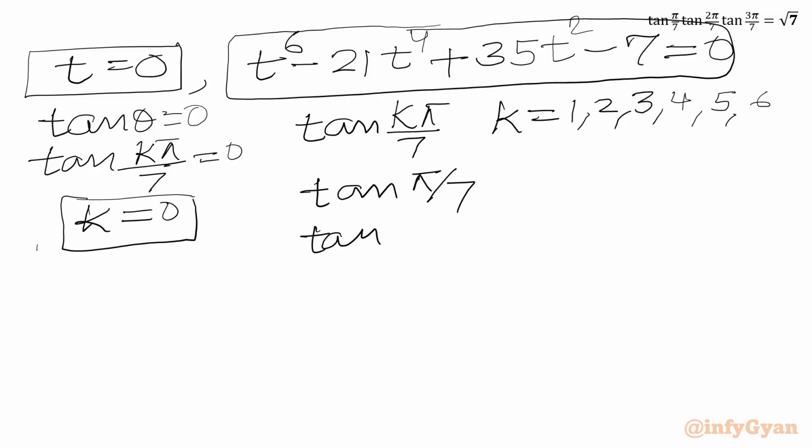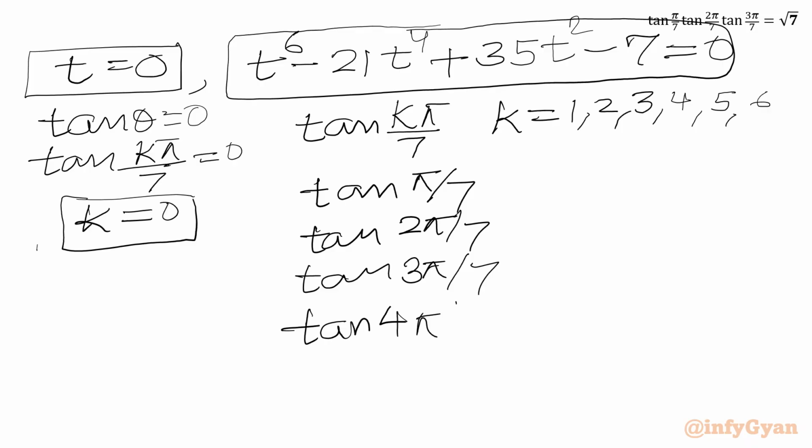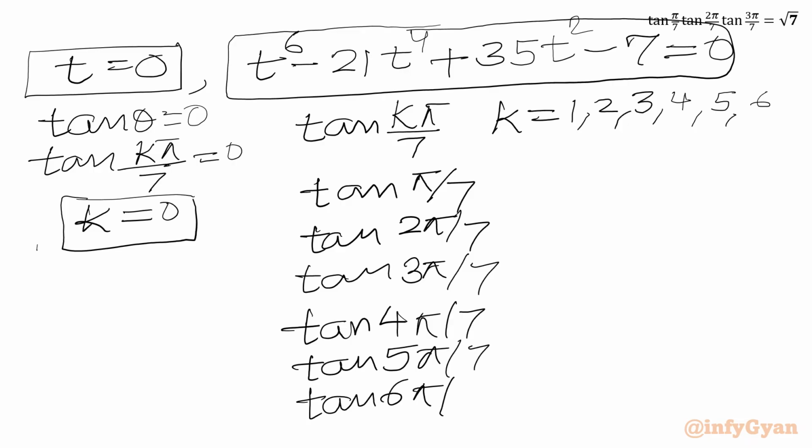K equal to 2, tan 2 pi over 7. K equal to 3, tan 3 pi over 7. K equal to 4, tan 4 pi over 7. K equal to 5, tan 5 pi over 7. And for k equal to 6, tan 6 pi over 7.